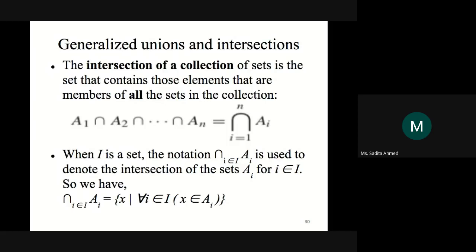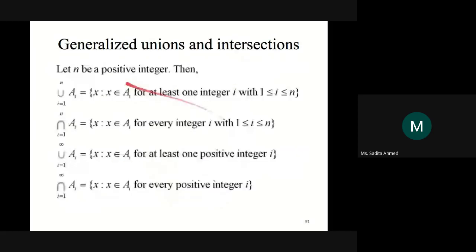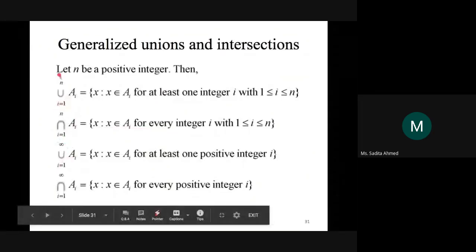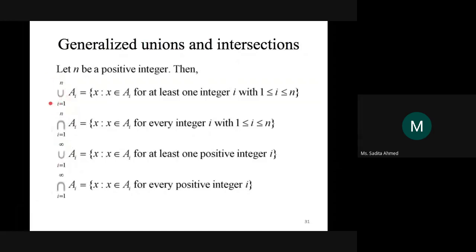All right then. So generalized unions and intersections are defined here in terms of different ranges, as in 1 to n or 1 to infinity. In one case, what are we saying? I is equal to 1 to n, an arbitrary but finite positive integer n.